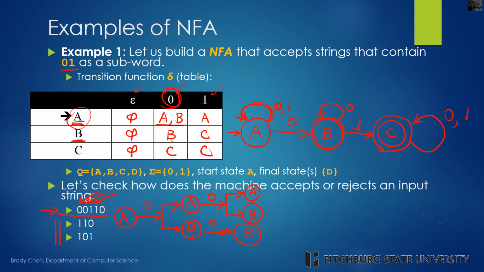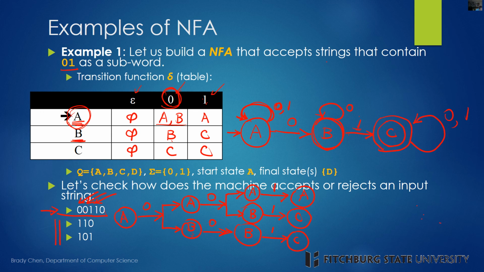So now we need to look at the input for each possible state. If the current state is A, the input is 1. Now what does the transition function define? If the current state is A, input is 1, it stays in A, right? If the current state is B, input is 1, it goes to C, which is good, right?